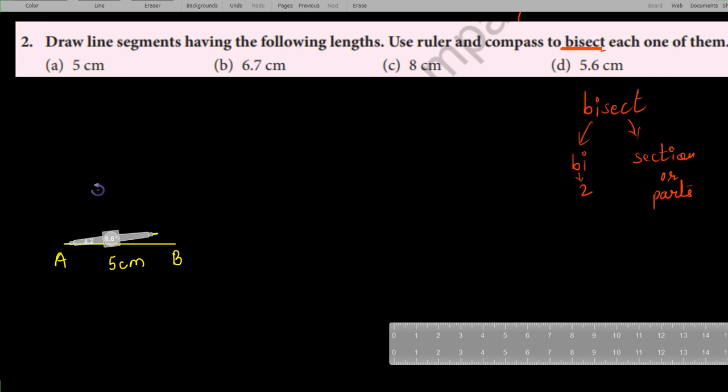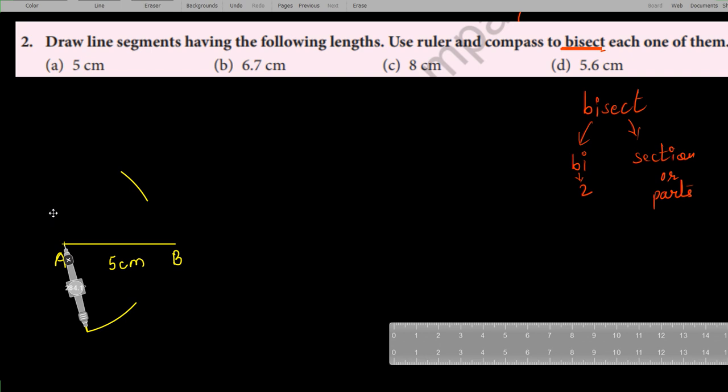After we have extended it for more than half, from point A, we'll cut an arc above the line this way, and then from the same point, we will cut an arc below the line. Remember, we are not going to change the arc of our compass. Once we have extended it for more than half, you cannot change the arc again or adjust it.